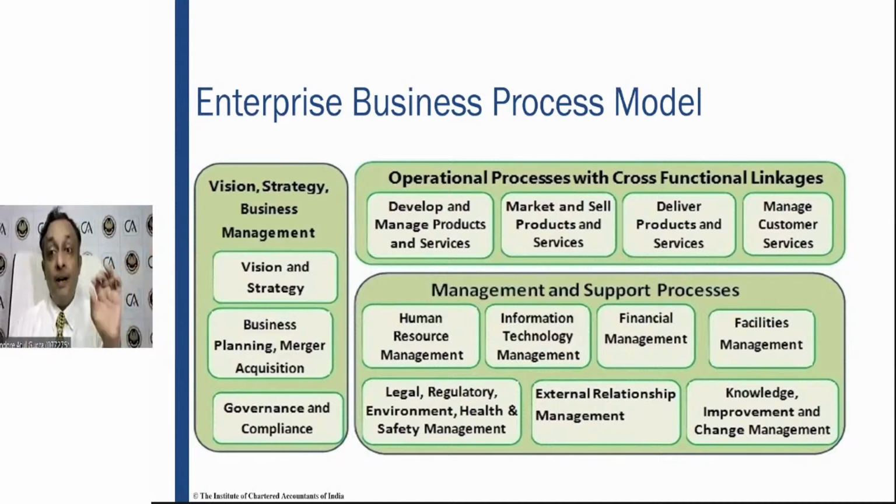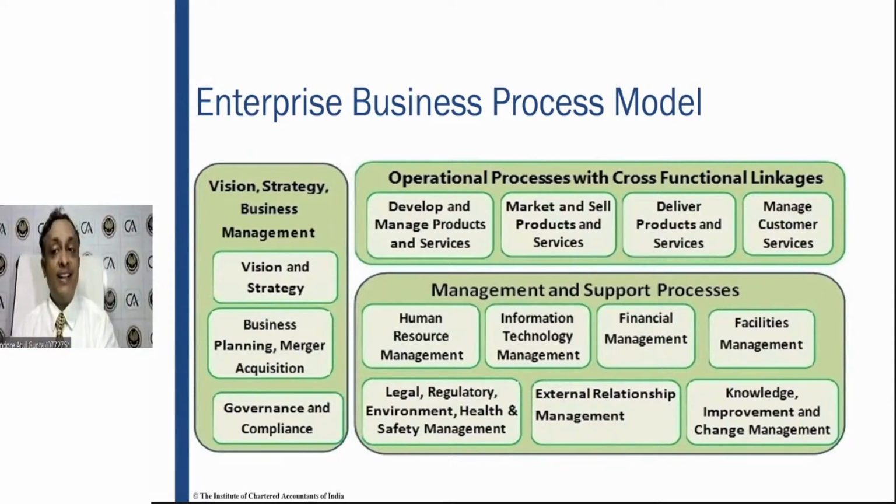And the third bracket of vision, strategy, and business management, which today has gained a lot of importance, is governance and compliance. Governance and compliance relate to your SA 250, SA 260, and SA 265. The core is what you are going to find there.